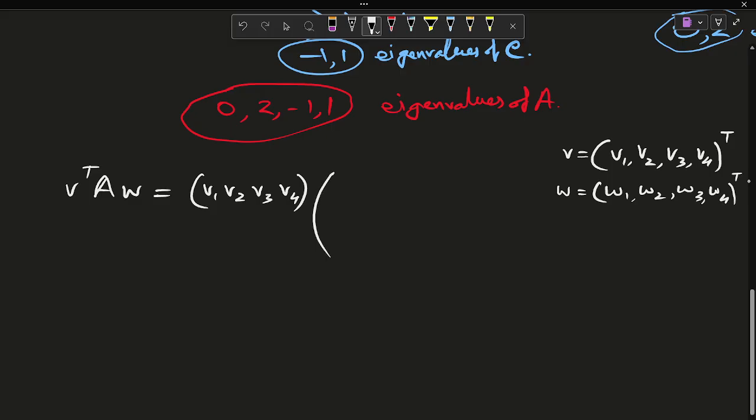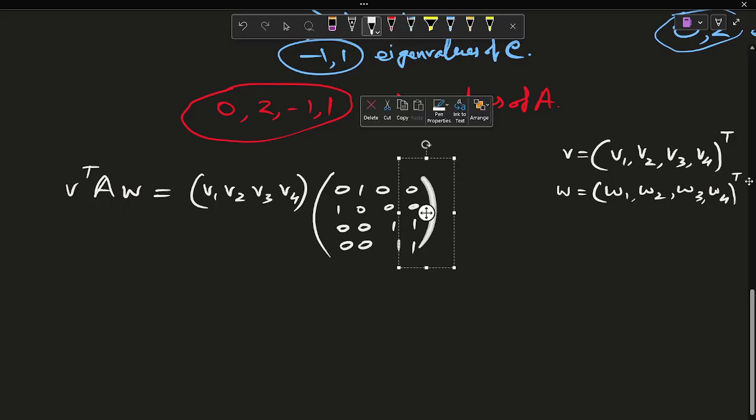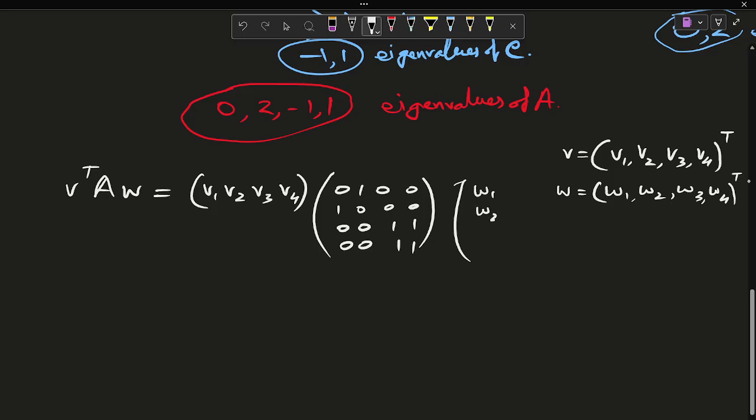So we can write this in matrix multiplication form. Now we write the given matrix: 0 1 0 0, 1 0 0 0, 0 0 1 1, 0 0 1 1. Then we write W, which is W1, W2, W3, W4. Now we have to do the matrix multiplication first.